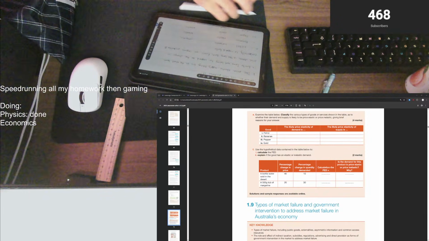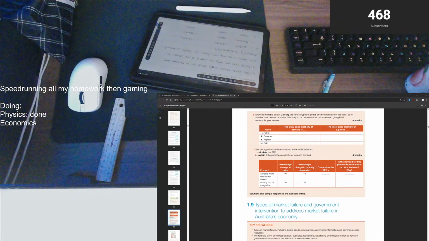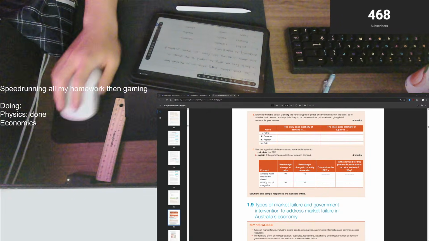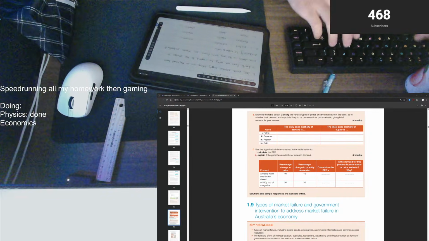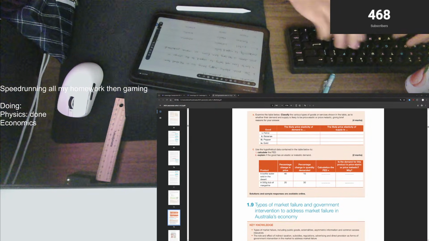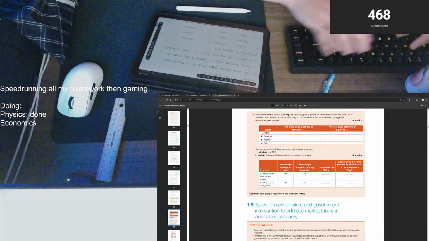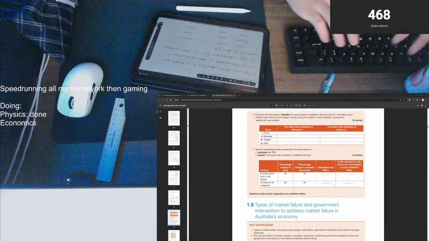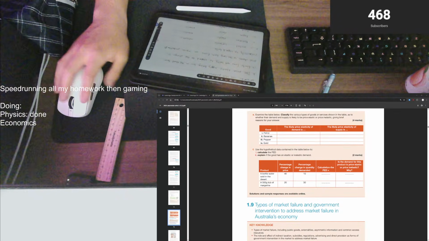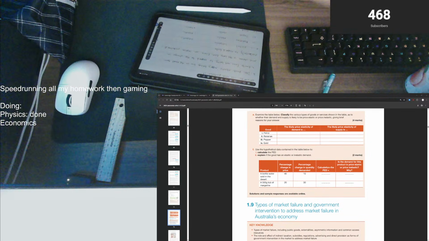The timer is how long the stream's been running for, so 1 hour 40 minutes. What's next?